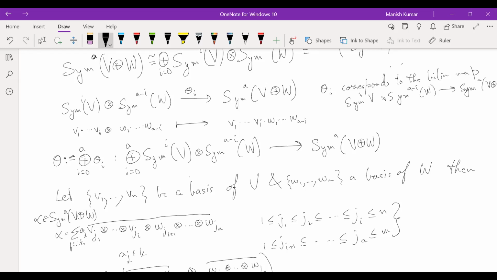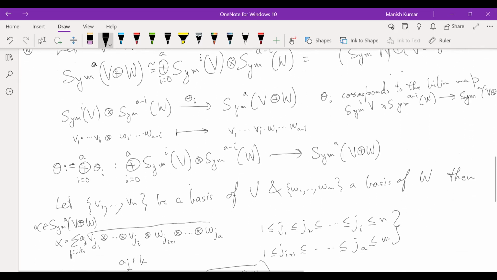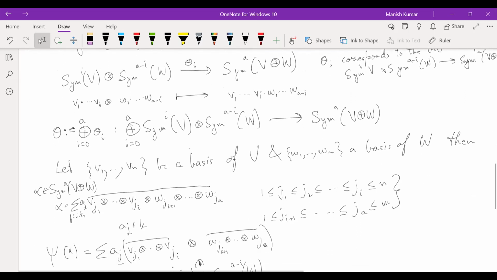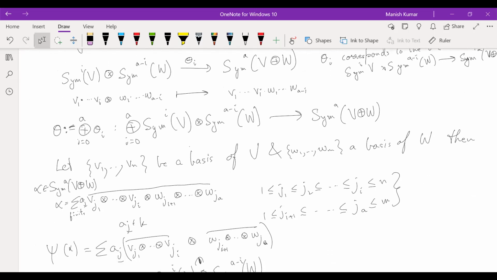If you assume that this basis statement holds, then the generation part is not a problem. But if you know that this is a basis, then you just say where these basis vectors go.